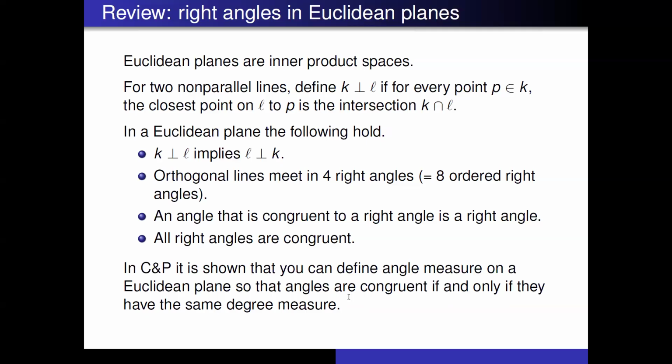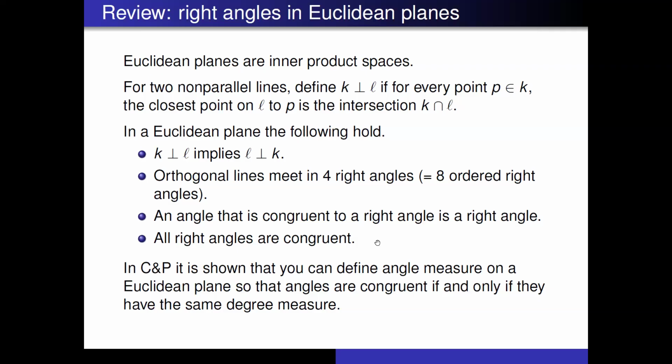Perpendicularity is symmetric. It's a relation between lines, and orthogonal lines meet in 4 right angles, or 8 if you count the order of the angle. And then two non-trivial theorems from Euclidean geometry are that an angle congruent to a right angle is a right angle, and all right angles are congruent.